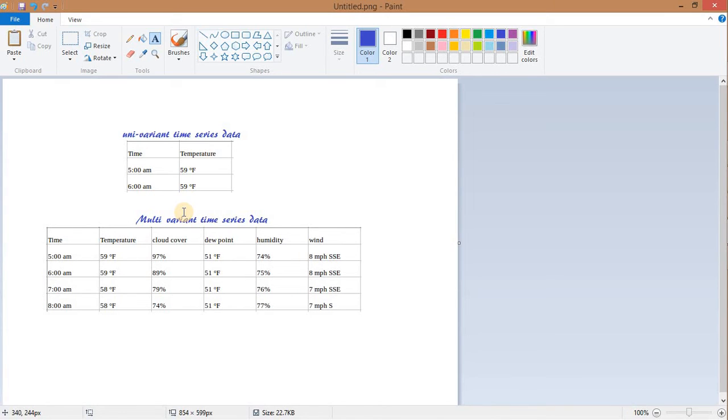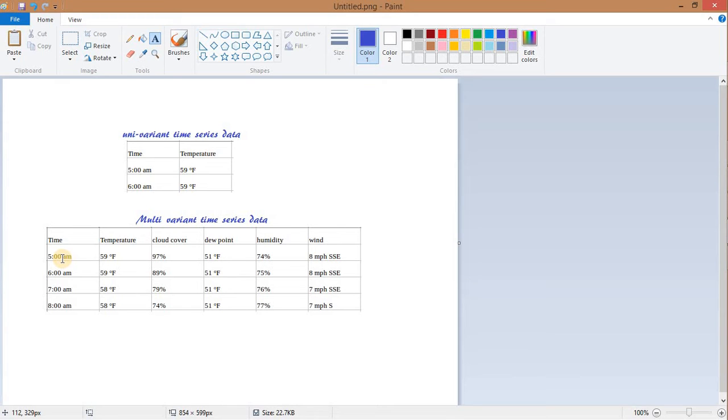In the case of multivariate time series, we will have more than one variable, like temperature, cloud cover, dew point, humidity, wind, which are all observed at this particular point of time.